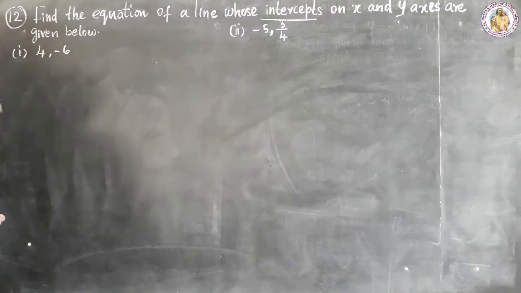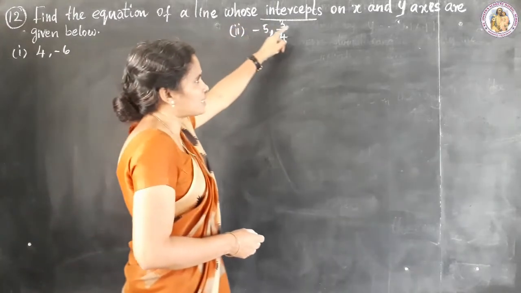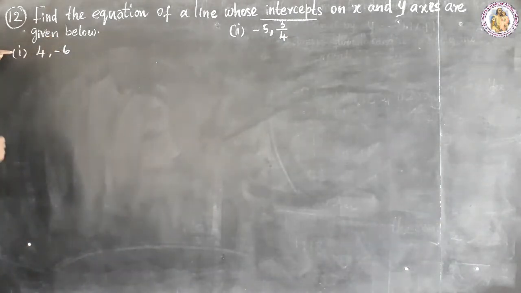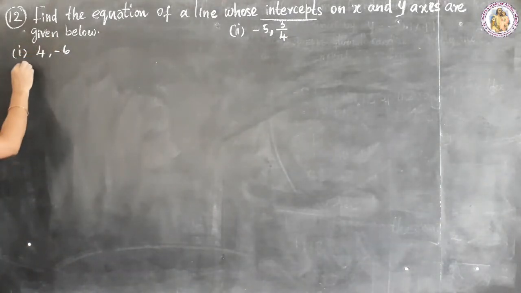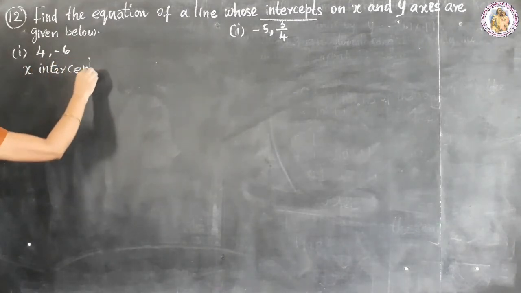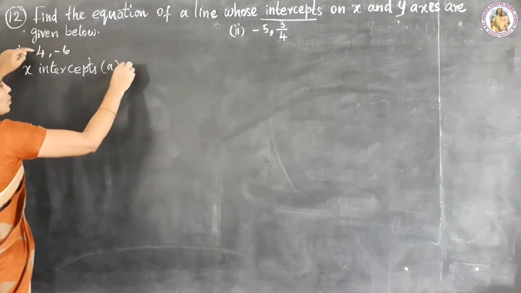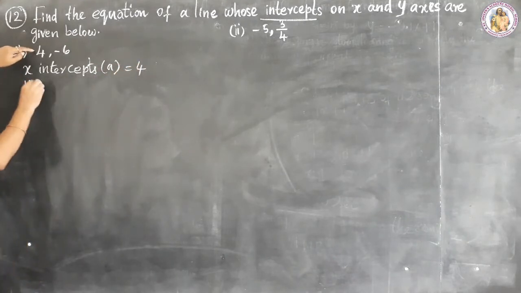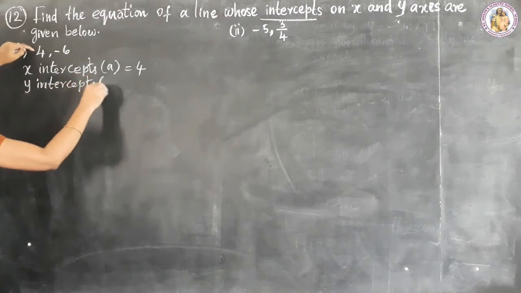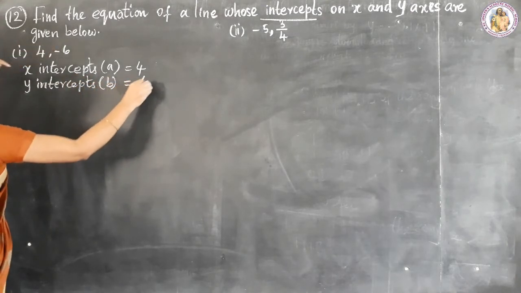Question number 12. Find the equation of a line whose intercepts on the x-axis and y-axis are given below. Sub-question 1: 4, minus 6. Take x-intercept a is equal to 4 and y-intercept b is equal to minus 6.